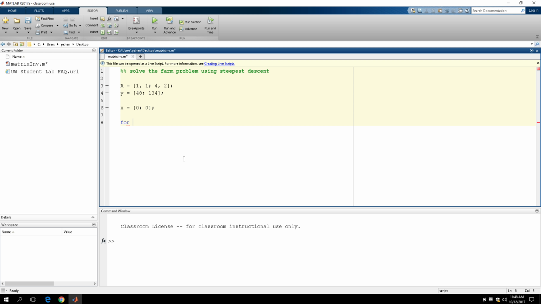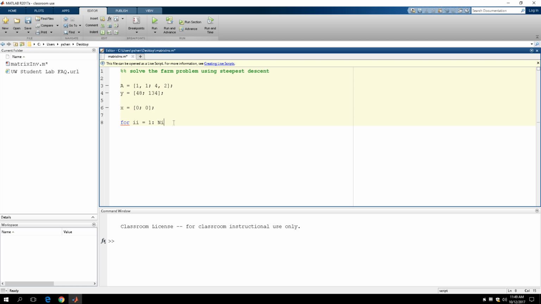So if we are using a for loop, we need an iterator. Let's call it i. It goes from, say, 1 to the total number of iterations. What's going to be the total number of iterations, right? We could put like 10,000 here, or whatever big number that you want to use. But let's not use a specific number. We talked about abstractions before. It's not a good idea to use a specific number. Let's abstract it away by using a symbol.